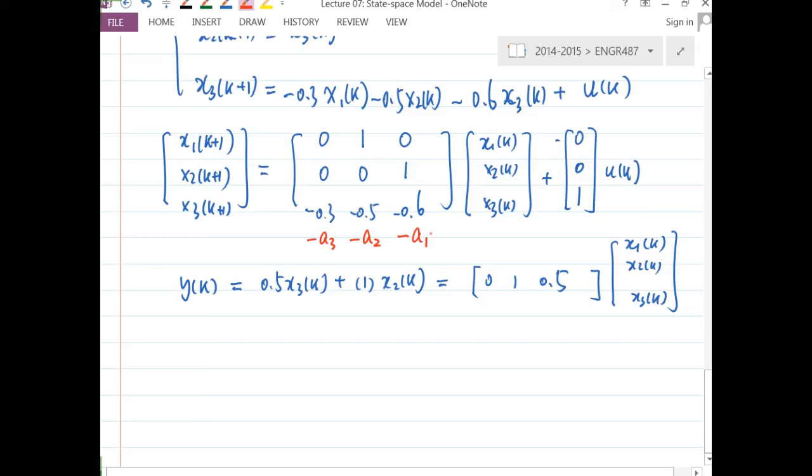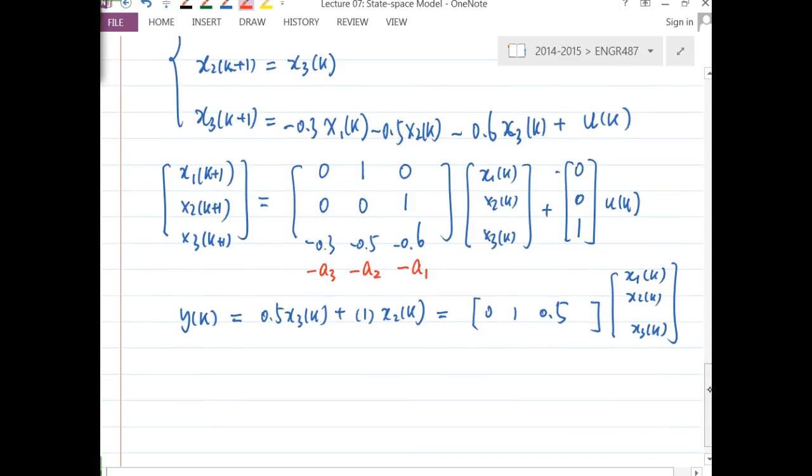So the output equation is a little bit complicated here, but what's this term? This is B what? B2, right? That's right.